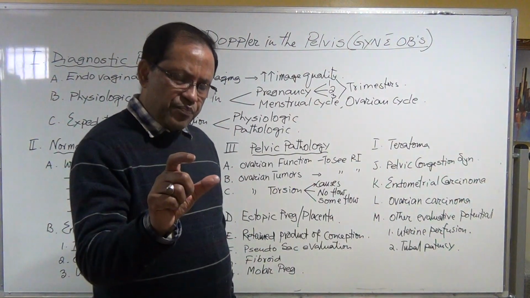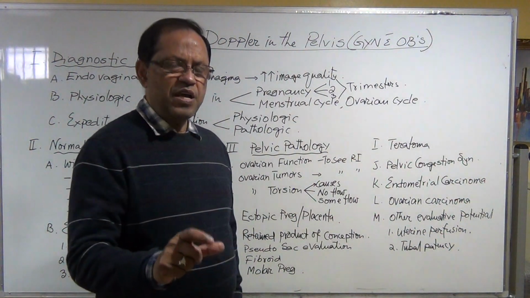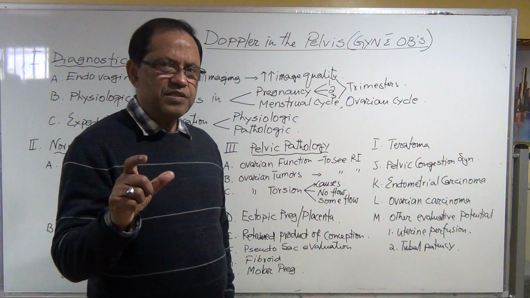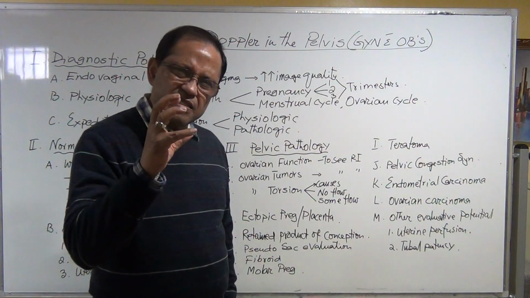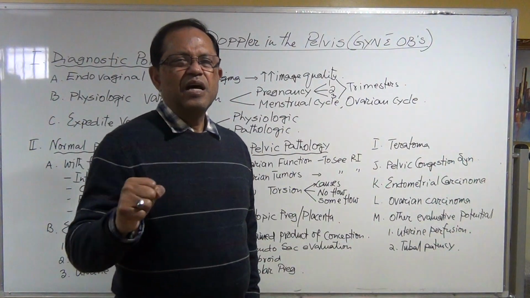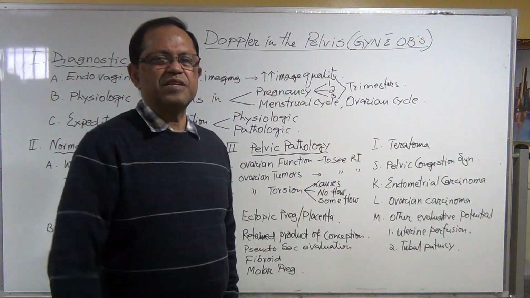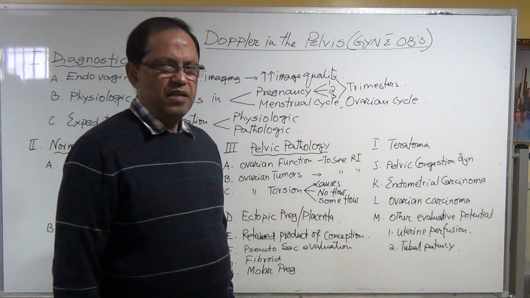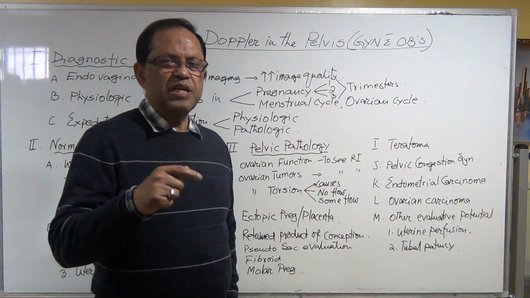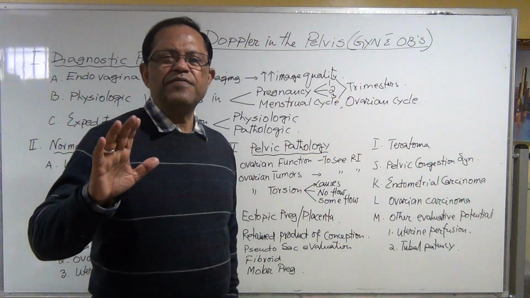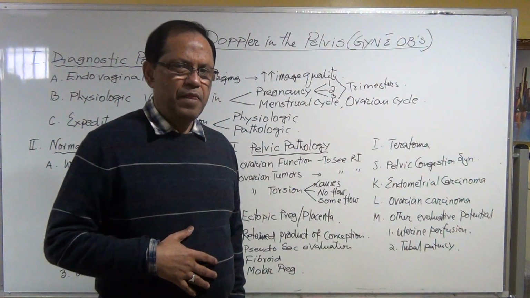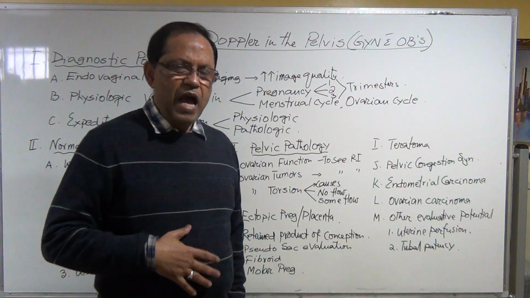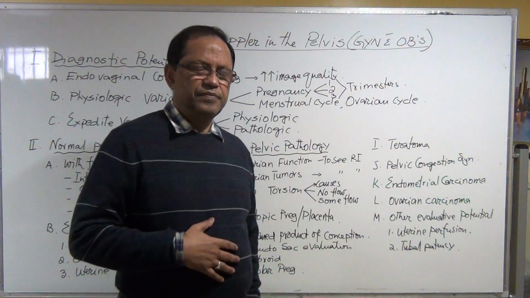During the menstrual time and the proliferative phase, the uterus has a higher resistivity index, because at that time the uterus says, I don't need enough blood supply right now, I am not yet pregnant.